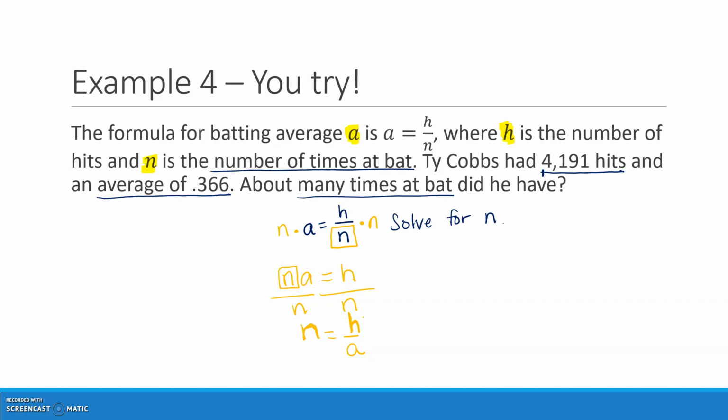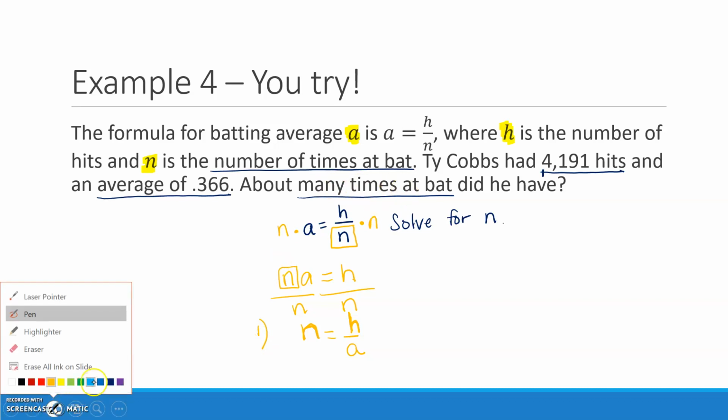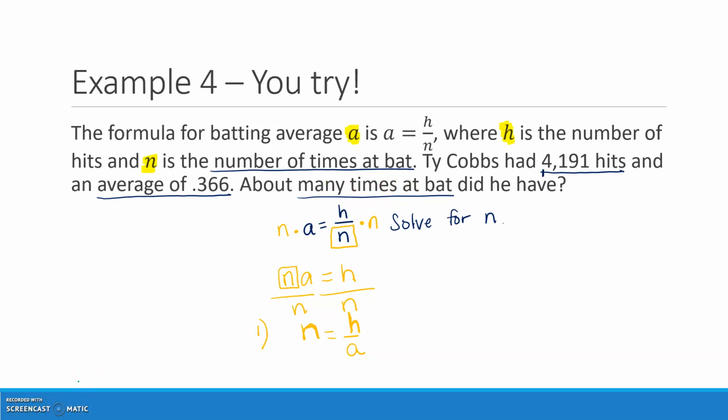All right, so here's our transformed formula. That's the first part. But we need to figure out how many times at bat he had. The pieces of information I know are that H equals 4,191, and A equals 0.366.